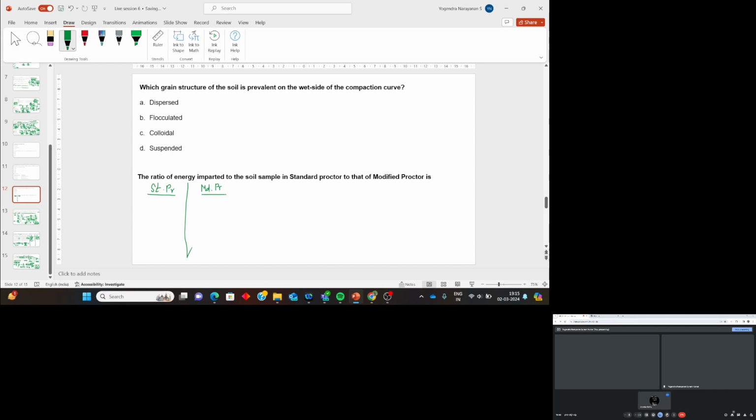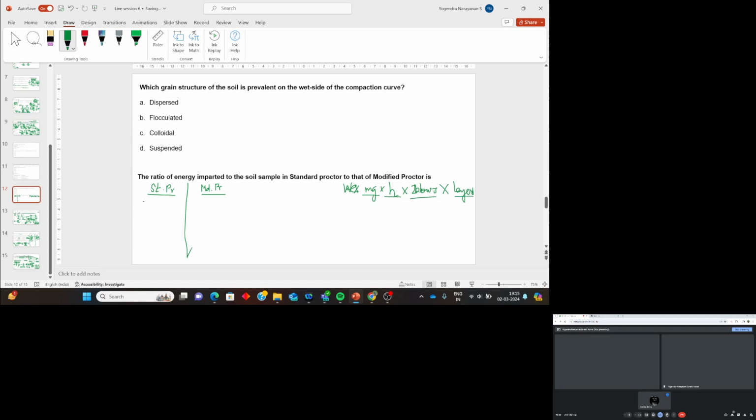Energy imparted is weight, that is m into g, into height, into number of blows, into layers. You need to know the weight of the hammer, height of fall, blows, and layers.